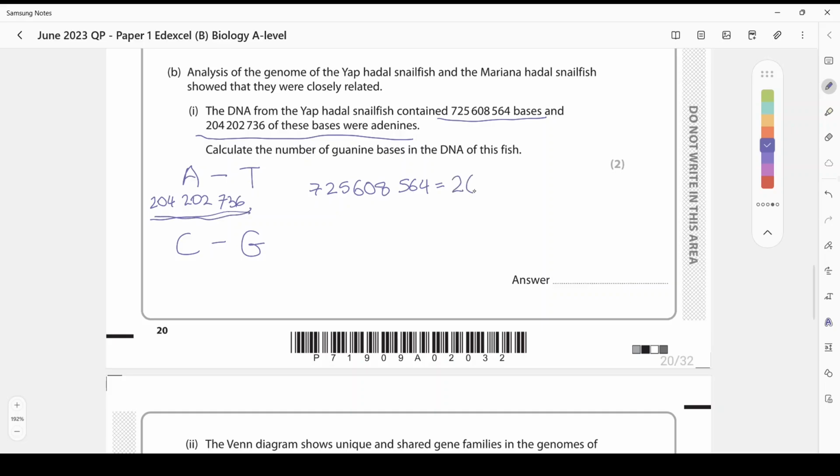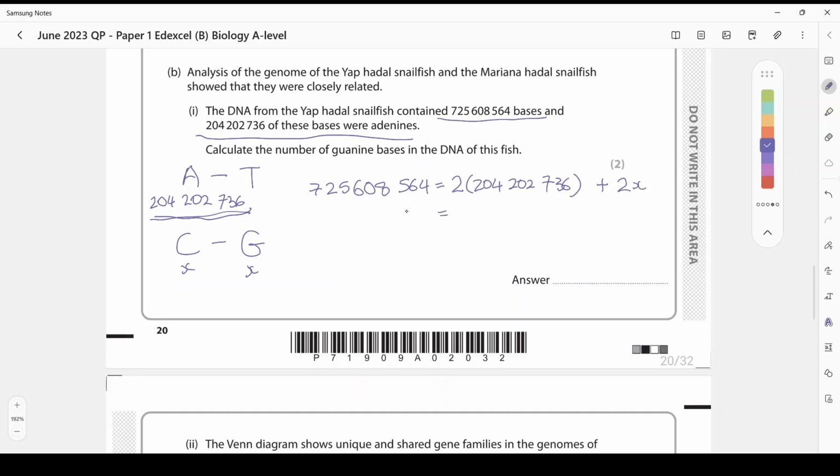So we would write 2 times 204,202,736. And let's assign X as the number of cytosine bases, and therefore the number of guanine bases would also be X. So that would be plus 2X.